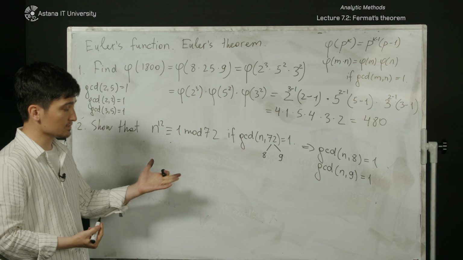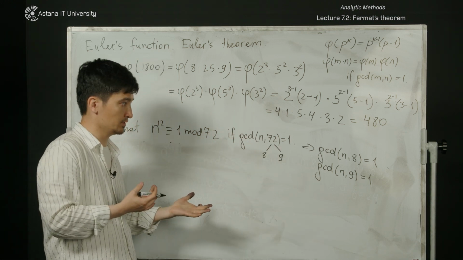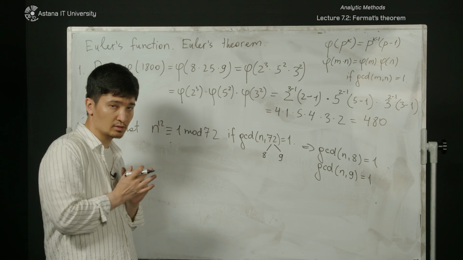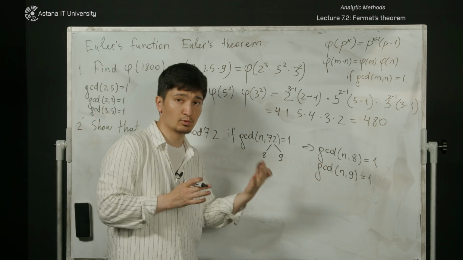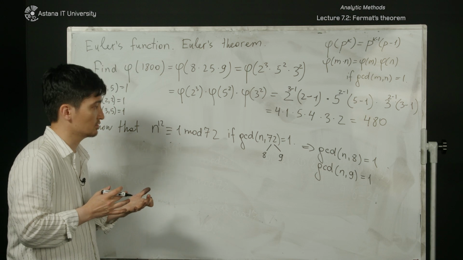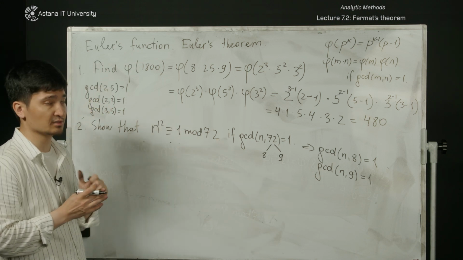So why do I need this? Well, I need this to satisfy the condition of Euler's theorem. Remember, by Euler's theorem, the GCD of these two numbers must be 1 if we want to use it. So these conditions are satisfied.